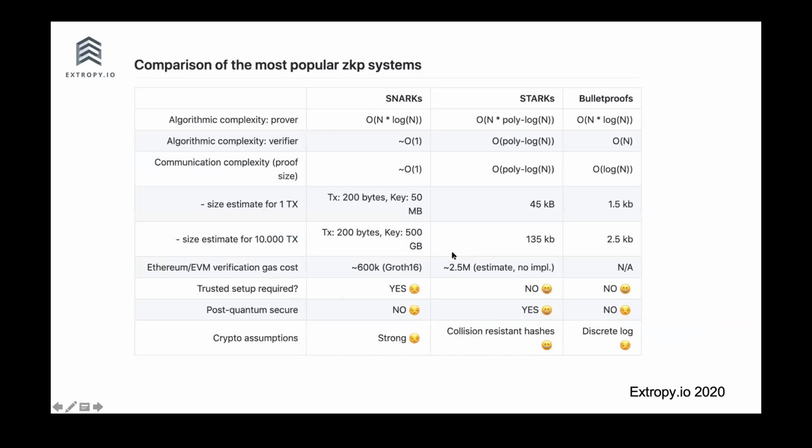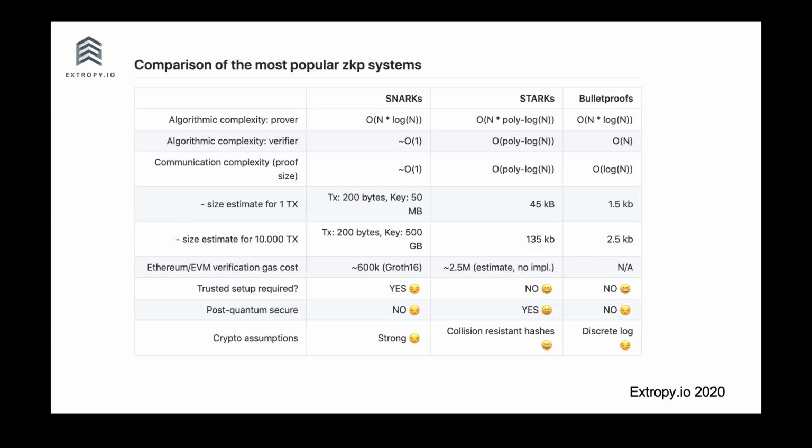Just to compare those in terms of performance, what you'll see is that the SNARKs are quite a nice compromise for what you want, in the sense that they're quite small in terms of the proof. They're not quantum resistant.